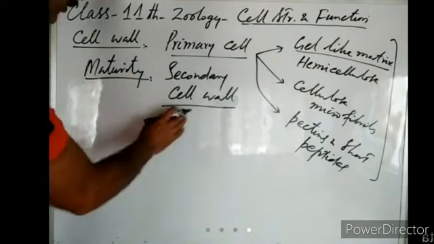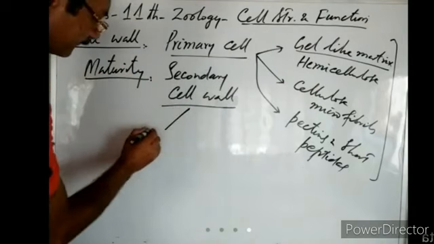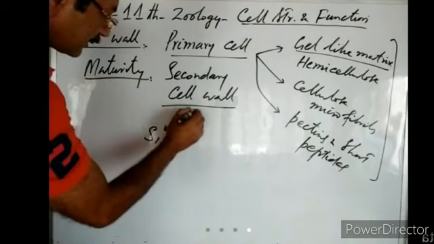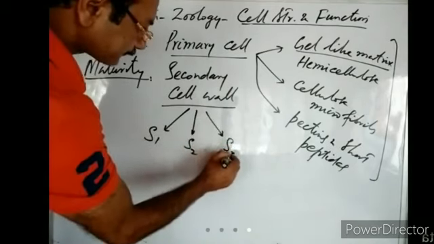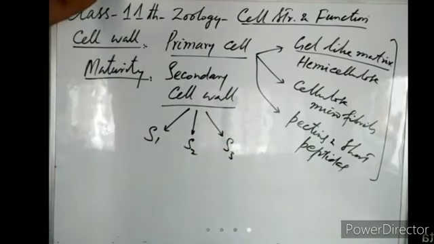But this secondary cell wall is laid in 3 layers, S1, S2, and S3. Secondary cell wall is laid in 3 layers, and those 3 layers are known as S1, S2, and S3. In each of these layers, the direction of cellulose microfibrils is different from the other layer. I will show this in a diagram.